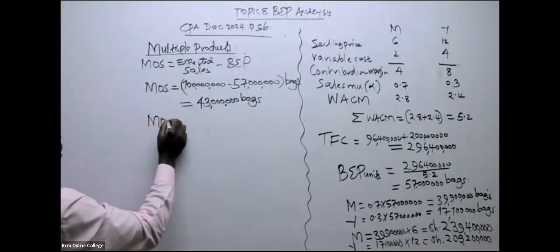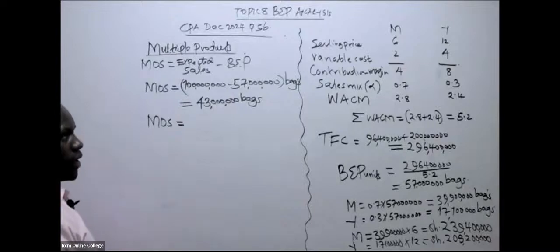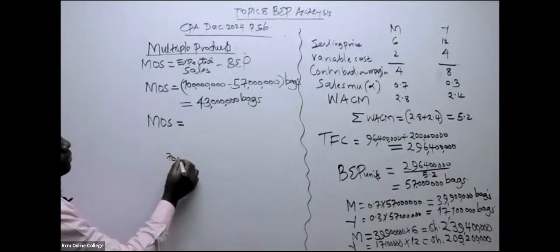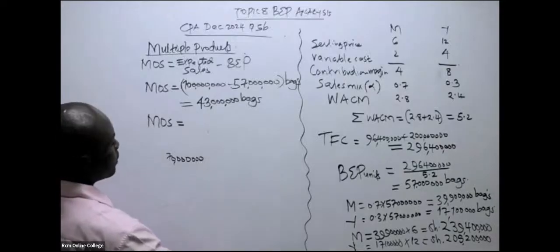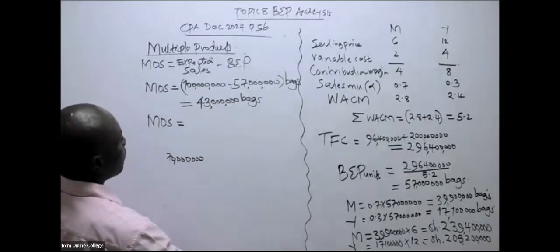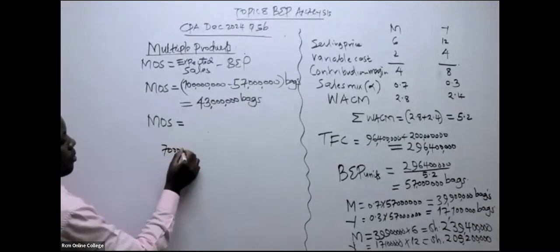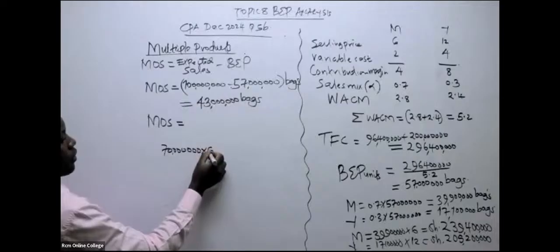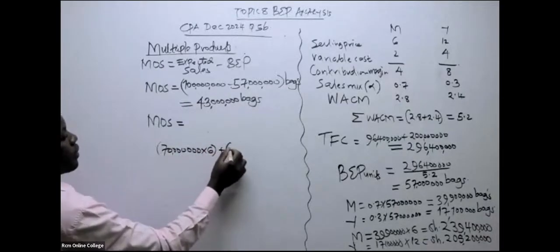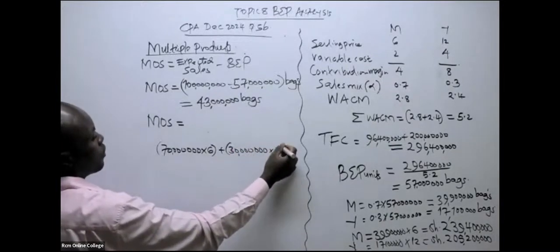Good. How about margin of safety in shillings? Our margin of safety in shillings is equal to expected sales minus break-even point in shillings. Can we get the expected sales? The expected sales was 70 million bags of A whose selling price is 6 shillings, plus 30 million bags, each going for 12 shillings.